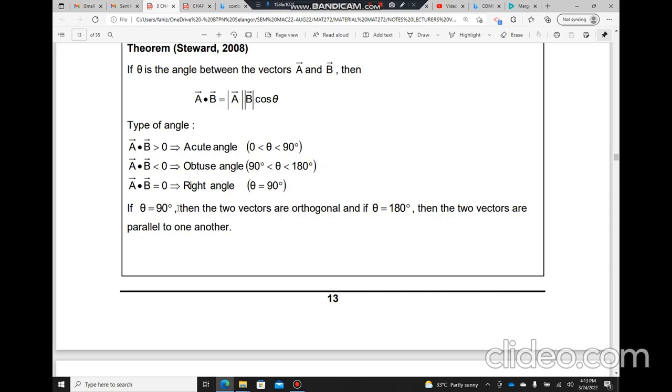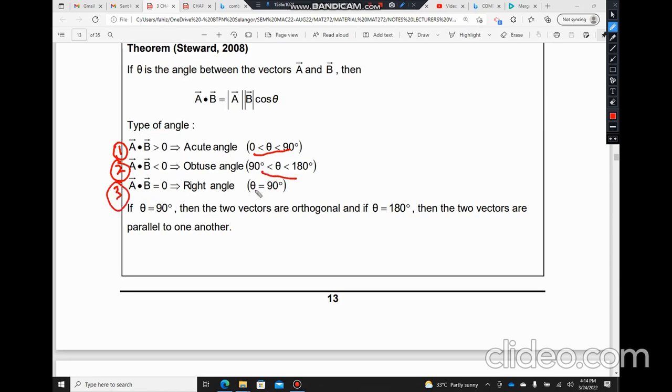If theta equals 90 degrees, then the two vectors are orthogonal, and if theta is 180 degrees, then the two vectors are parallel to one another. So here we have examples. To summarise, we actually have several cases. First, for greater than 0, theta is between 0 and 90. Second, theta is between 90 and 180.